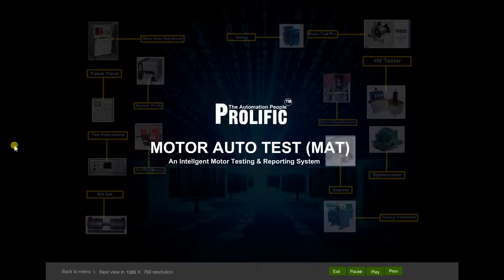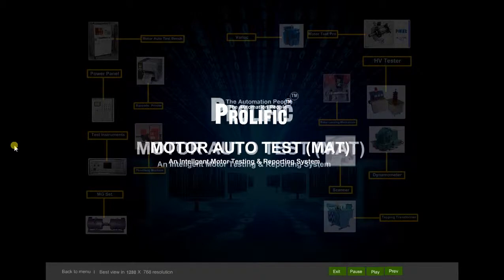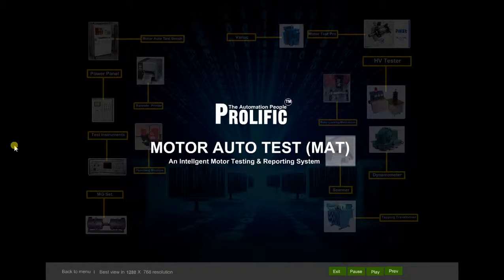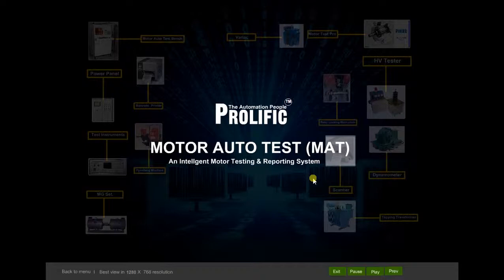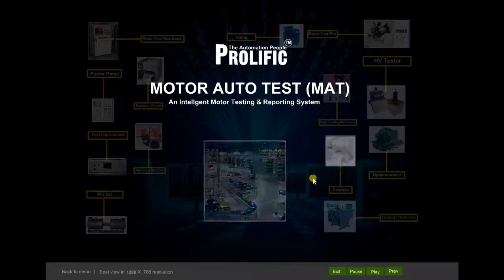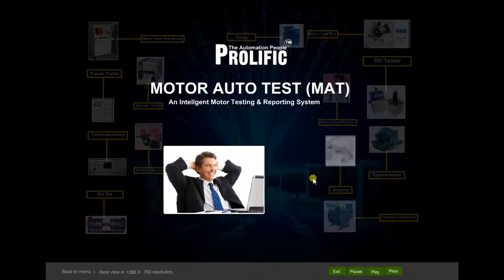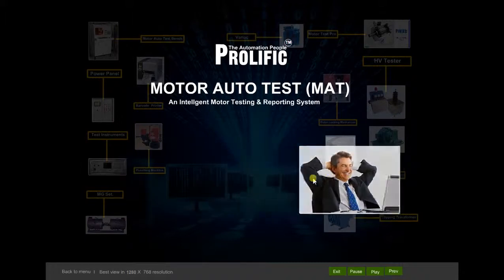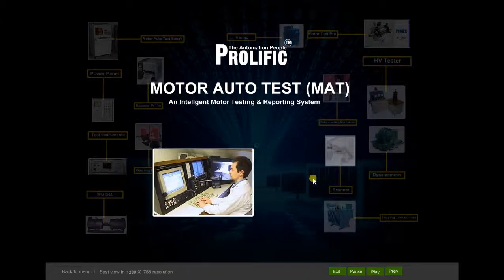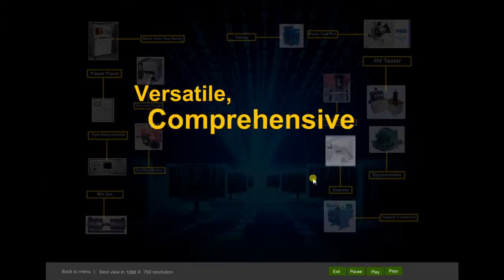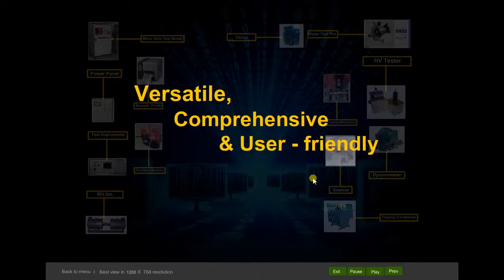Truly, Prolific's motor auto test brings about a positive and permanent change in the way motors are tested on the test floor and provides long-lasting benefits to all stakeholders involved in the process: the manufacturer, the customer, and, last but not the least, brings back the smile on the face of the testing engineer. Let the versatile, comprehensive and user-friendly Motor Auto Test magic work for you.